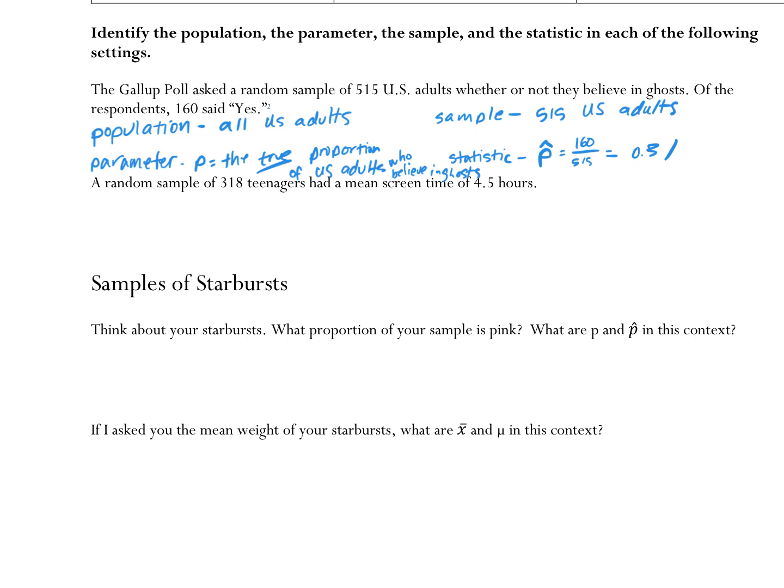True proportion meaning we don't know that it's 31%. 31% is that one sample. The true proportion is the one we don't know, that we're trying to estimate, using our sample to get to that estimator.